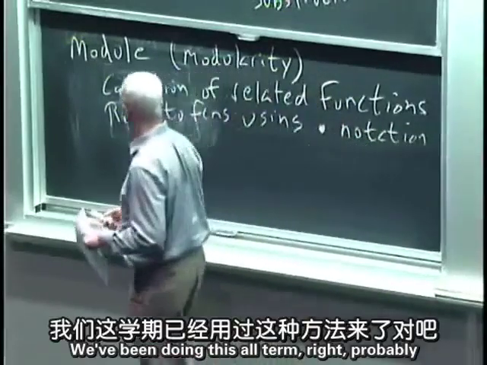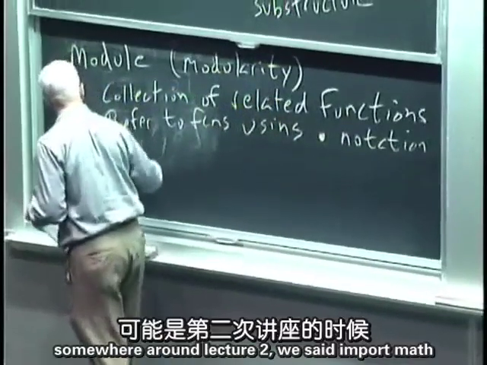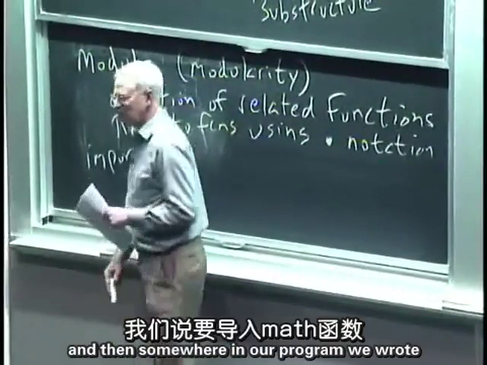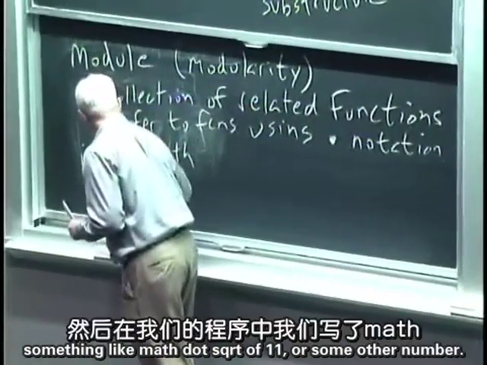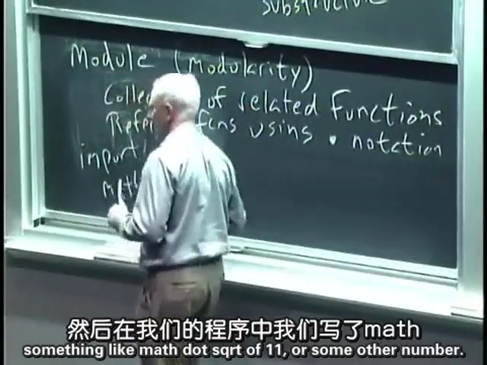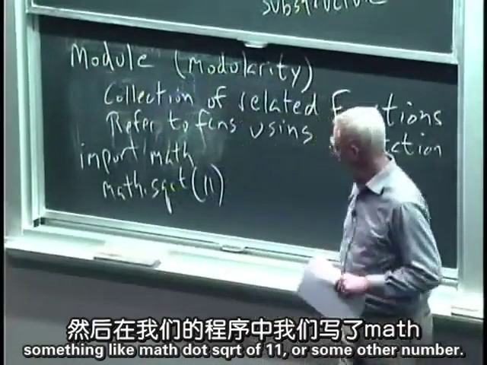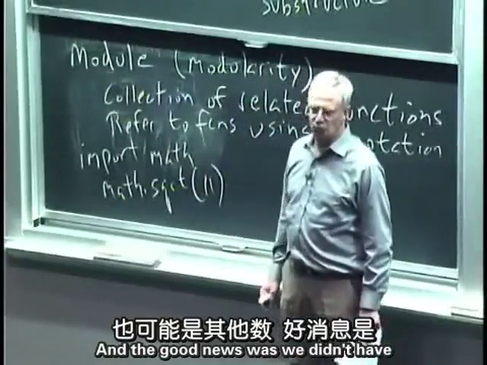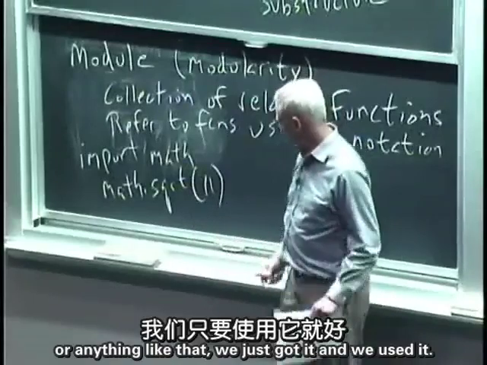We've been doing this all term, right? Probably somewhere around lecture 2, we said import math. And then somewhere in our program, we wrote something like math.sqrt of 11, or some other number. And the good news was we didn't have to worry about how math did square root or anything like that. We just got it and we used it.